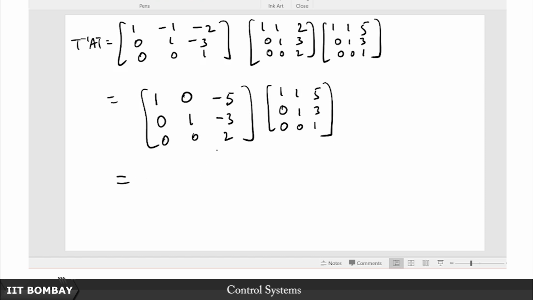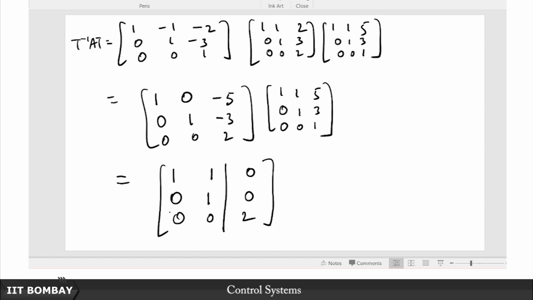So this is going to be equal to 1 1 5 minus 5, that is 0, and this is of course 0 times 1, 1 times 0, 0 as expected, 1 and 0, 3 minus 3 is 0, and finally 0 0 2. So this is exactly as promised, the Jordan form.